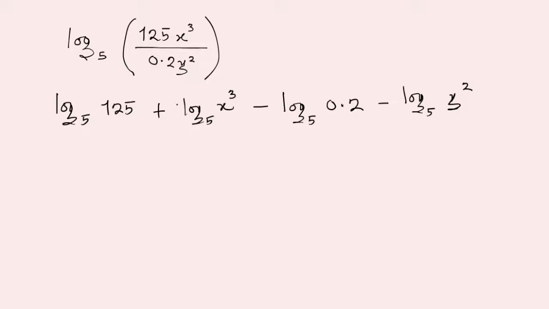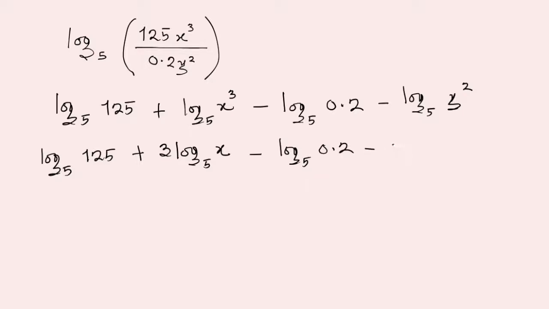Now we bring down our powers, and this is going to be log to the base 5 of 125 plus 3 log to the base 5 of x minus log to the base 5 of 0.2 minus 2 log to the base 5 of y.